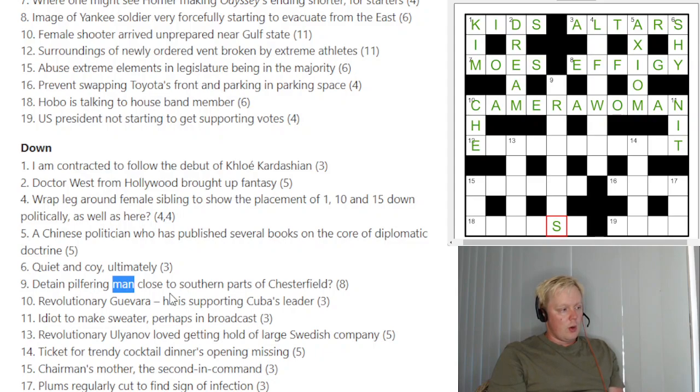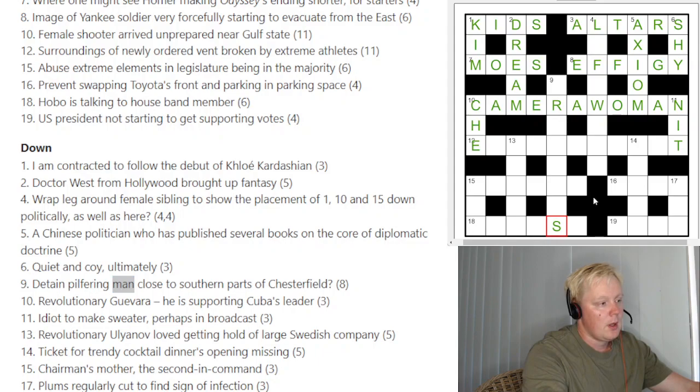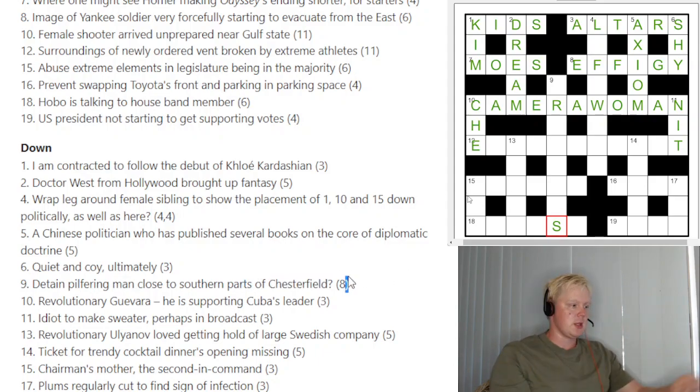So if we come up with a word meaning detain, it would have to be 6 letters, taking in M with the S at the start, and we would get something meaning parts of Chesterfield. Now Chesterfield is a place, actually several places.